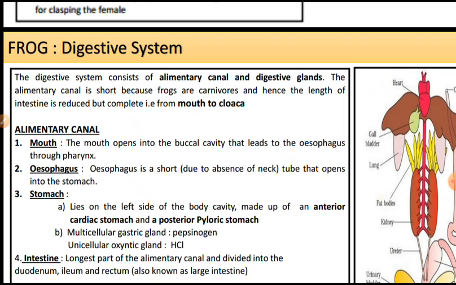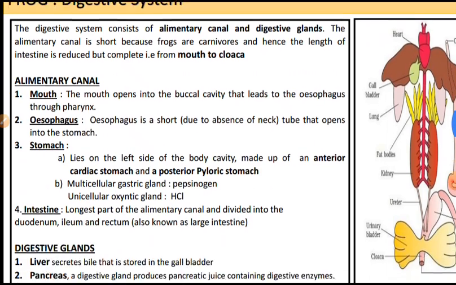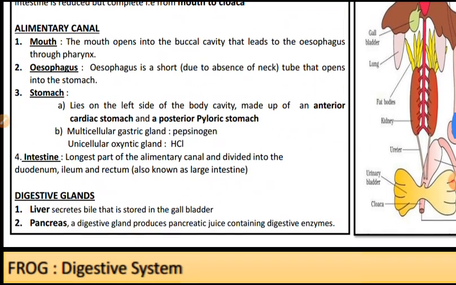Then we have seen the different systems one by one. The first one we have seen is the digestive system. Do you remember the parts of the digestive system? Yes, you are right. The alimentary canal starts with the mouth and ends with the anus, and the anus is present in the cloacal aperture.